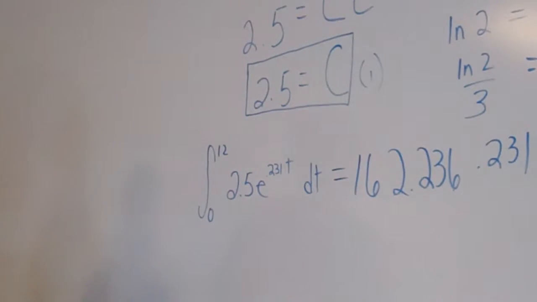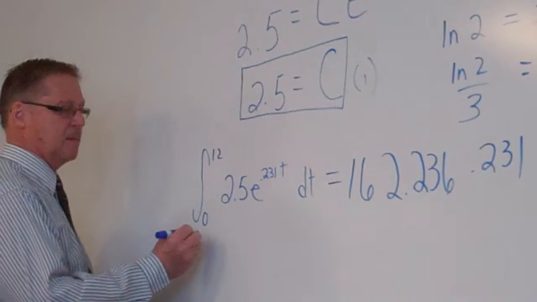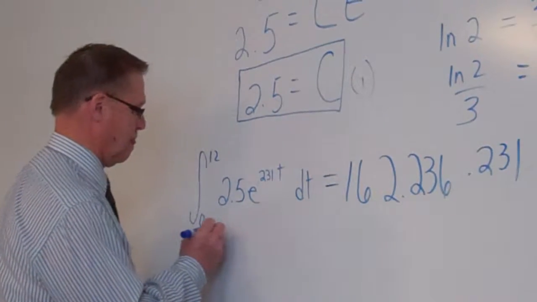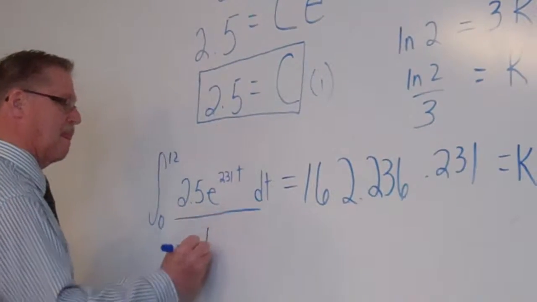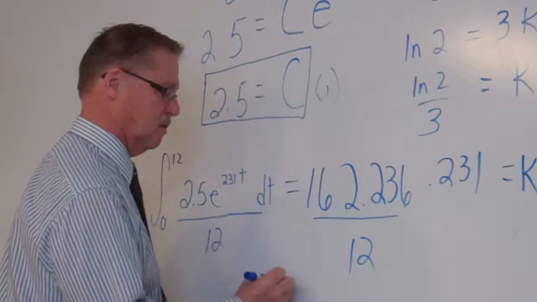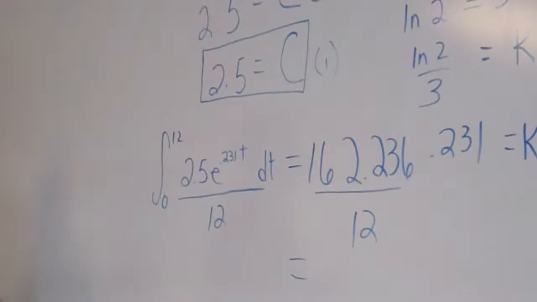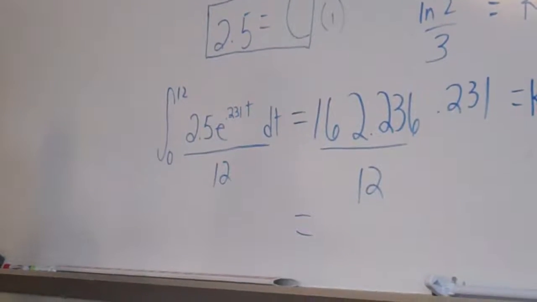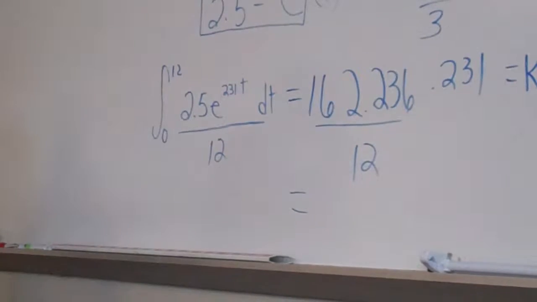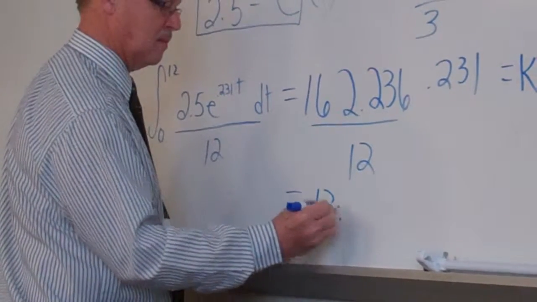How do we find the average? Divide by 12. All right. So what are we going to get there? 13.5196.